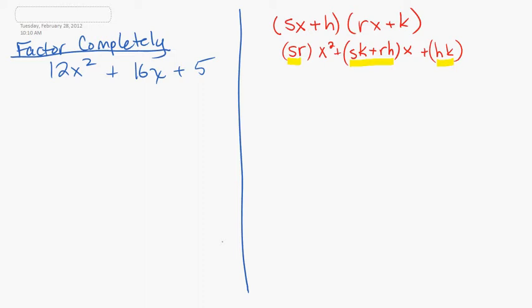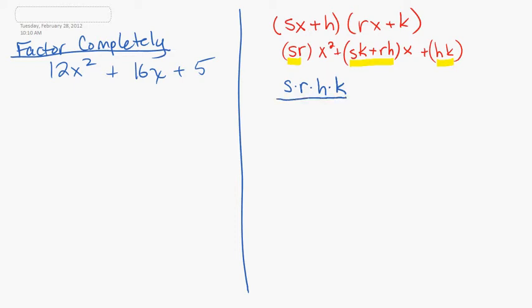So to march backwards, your first step is to take the product of my a value, which is sr, and my c value, which is hk. So the product of sr and hk is s times r times h times k. It's the product of all of those.